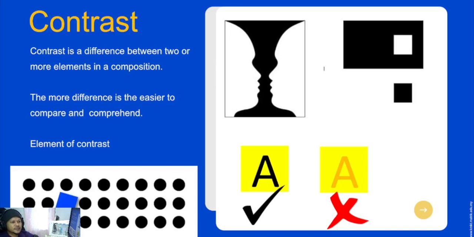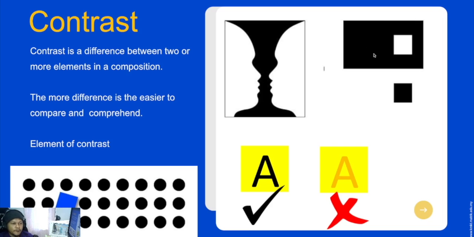Let's look at contrast. Contrast is a difference between 2 or more elements in the composition. You can see here the contrast using shape or color. You can see the cup here, but in the other dimension we can see 2 people in front.